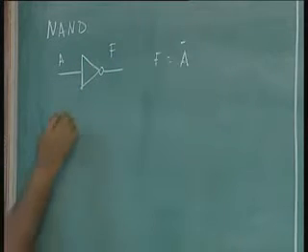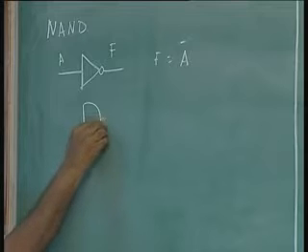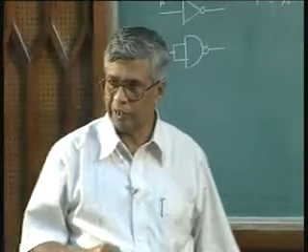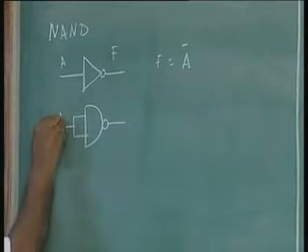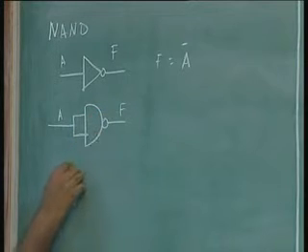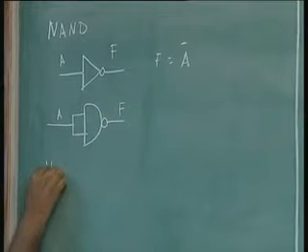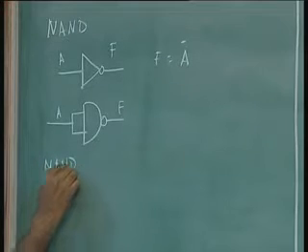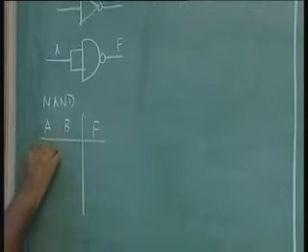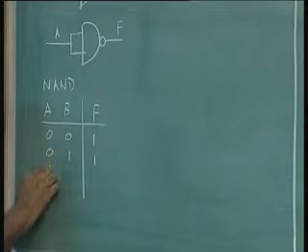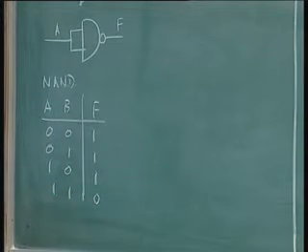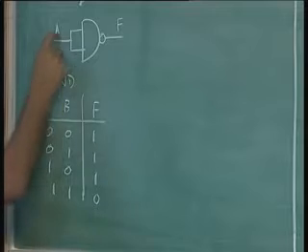Now let us have a NAND gate with both the inputs tied together, and call this A and the output F. Now, if you remember the NAND gate truth table, I am making A and B the same.